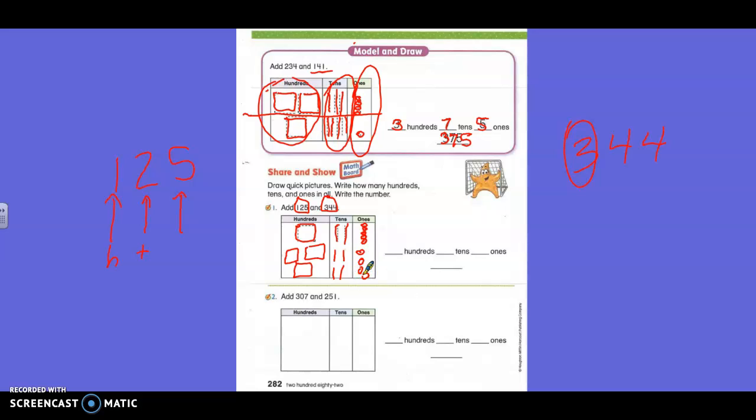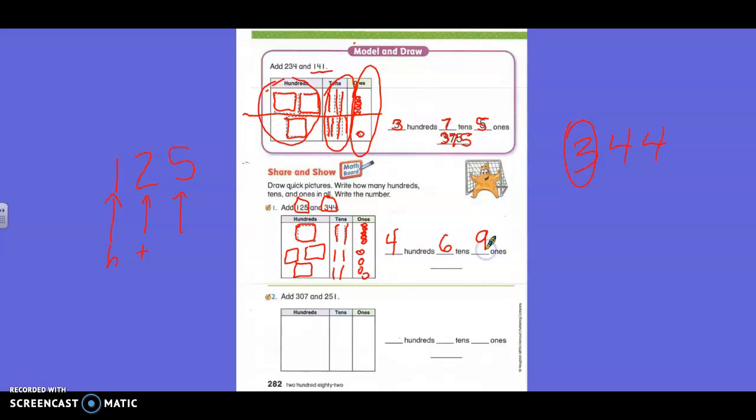Okay. Now let's count them all. How many hundreds do we have? 4. So let's write that here. Okay, in the hundreds. There are 4 hundreds. How many tens do we have? 6. And how many ones do we have? 9.